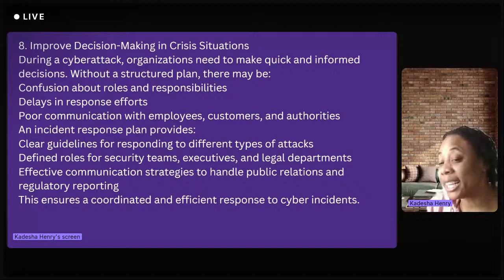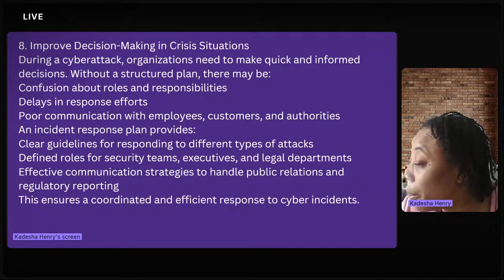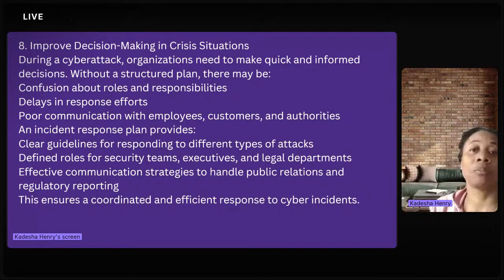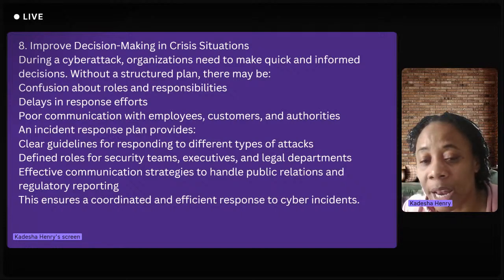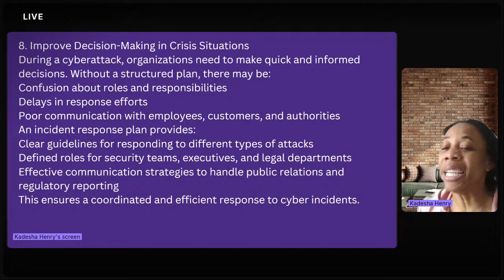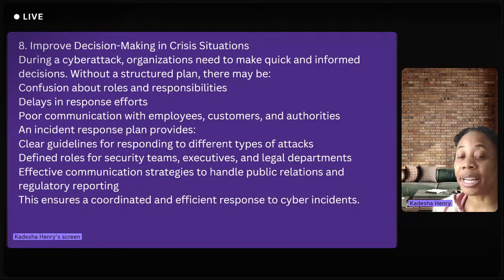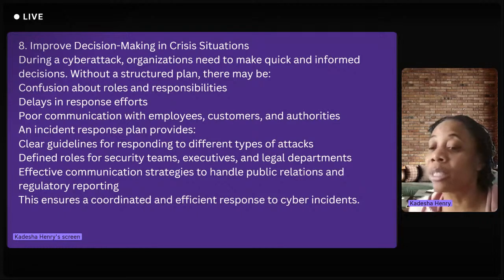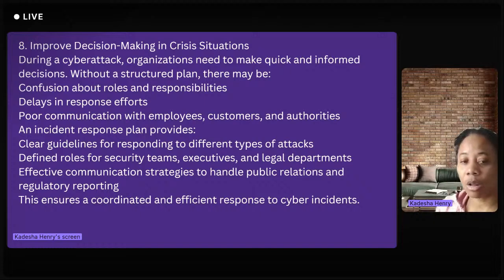If there is an incident, it's likely that the public will have to know. You have to tell it. Who is responsible for all of that? Who is going to do it? We need an incident response plan, right? It ensures a coordinated and effective response to cyber incidents overall.